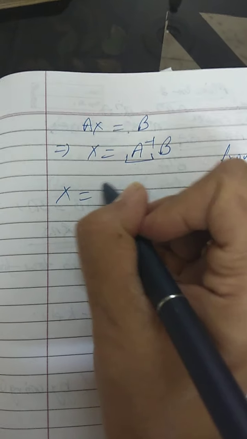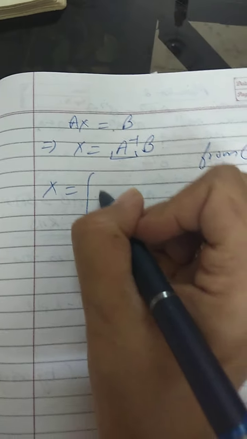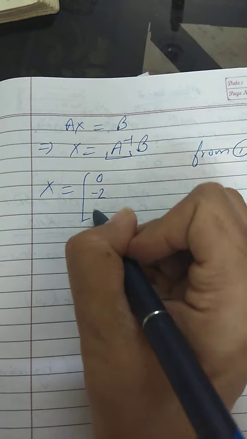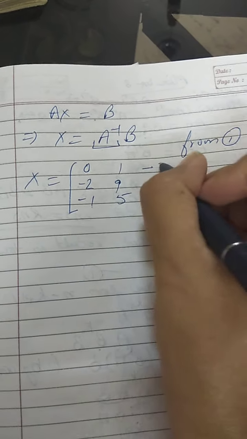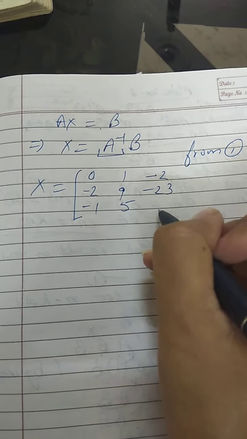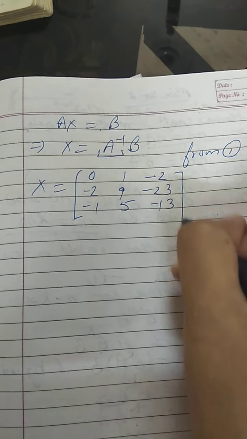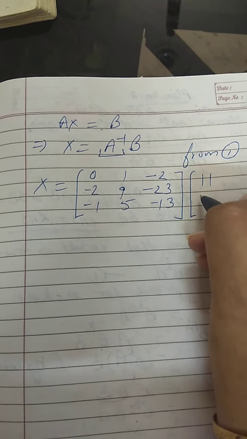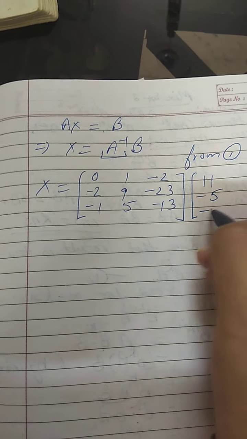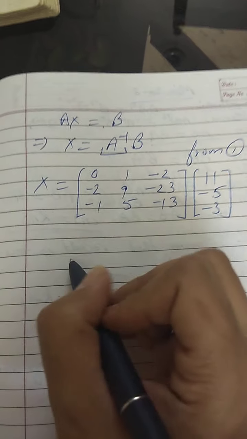So from 1, X will be equal to the value of A inverse we are putting: 0, minus 2, minus 1, 1, 9 and 5, then minus 2, minus 23 and minus 13, and the B matrix we are given is 11, minus 5 and minus 3, right?